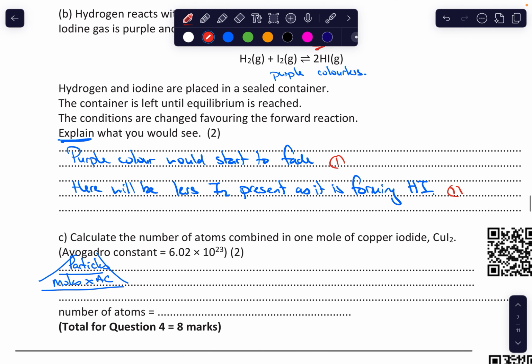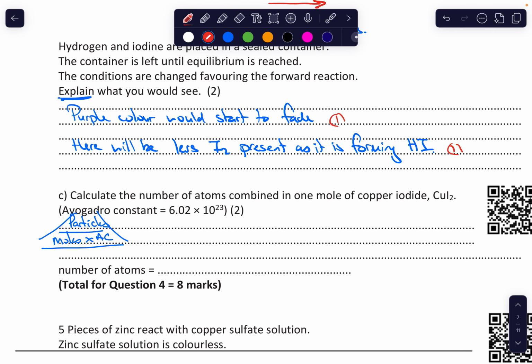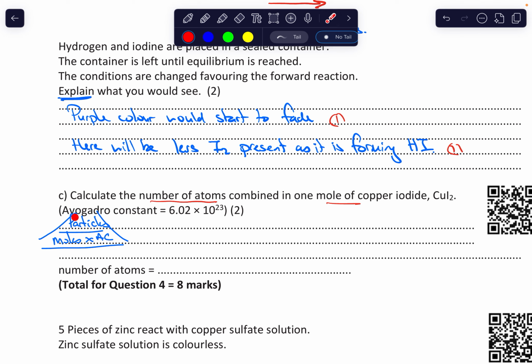Okay, next one. Calculate the number of atoms in 1 mole of copper iodide. Okay, so we've got a little triangle here to help us. So particles is moles times AC, AC being Avogadro's constant. And what we're going to do, first of all, let's have a think about this.